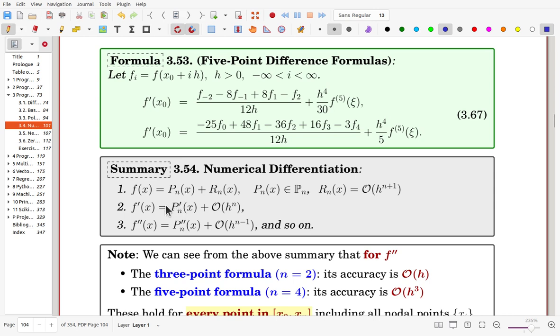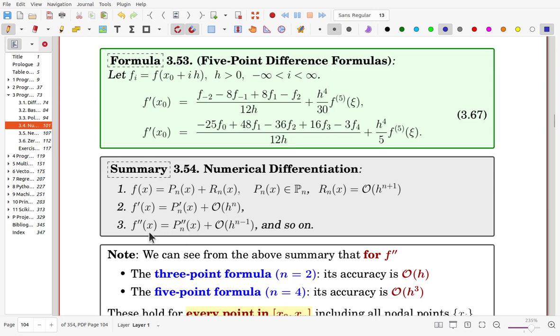Okay. Now once you make a derivative, then this derivative, the approximation, has h to the n order accuracy. So the accuracy order is 1 down.